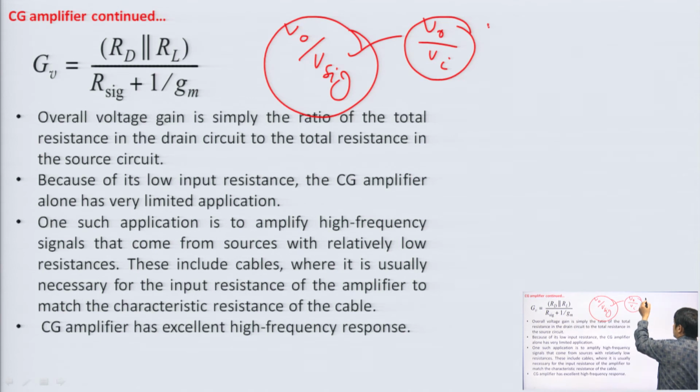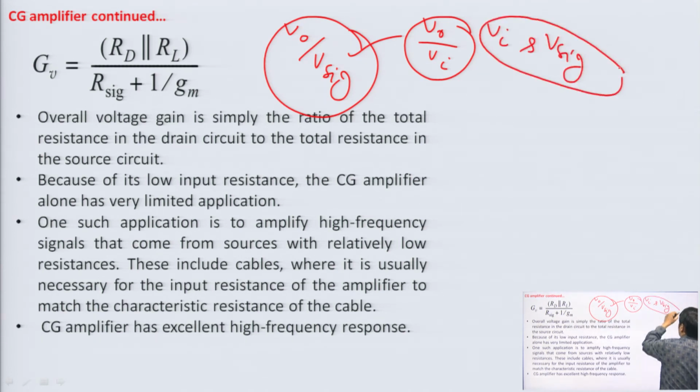Now, there is a relation between V i and V sig that you can find out with the help of voltage divider and just find out V naught upon V sig. Simple mathematics, we have already done it in common base. So, similarly you can do it for common gate also.